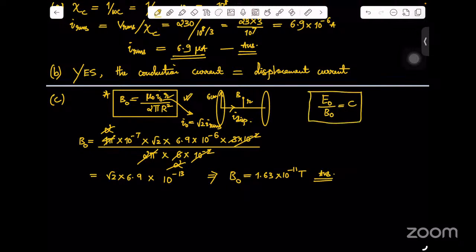So from here you can find out the amplitude of the electric field. These two equations you need to know. I hope this question is clear to everyone. Let's then move over to our next question.